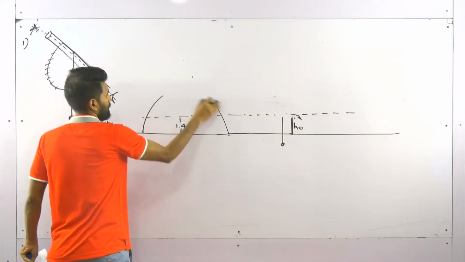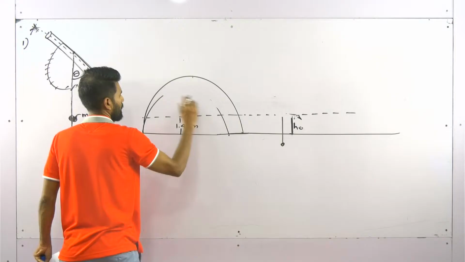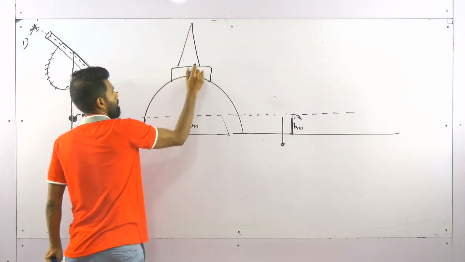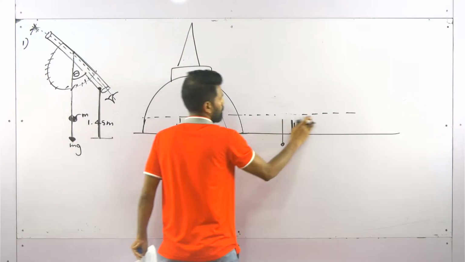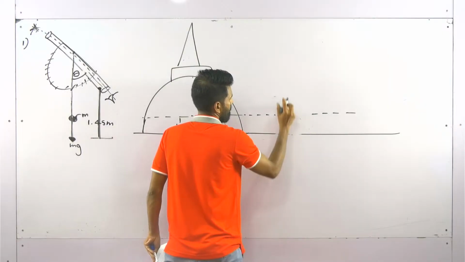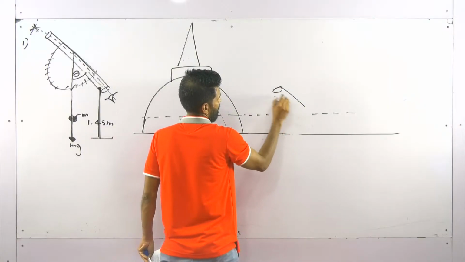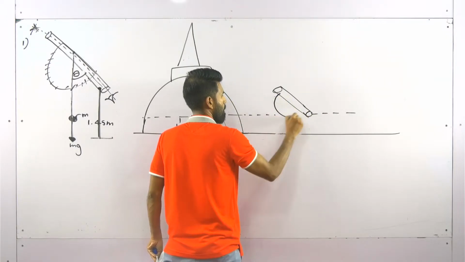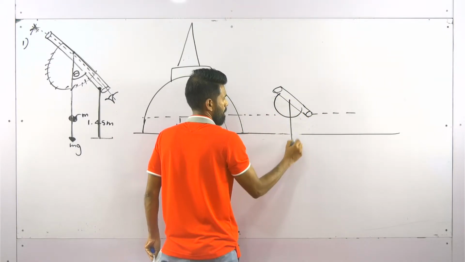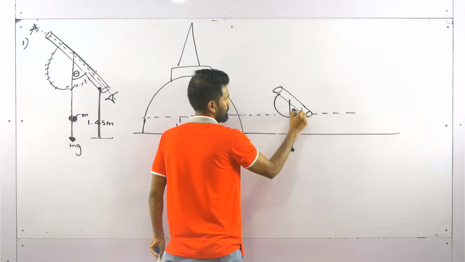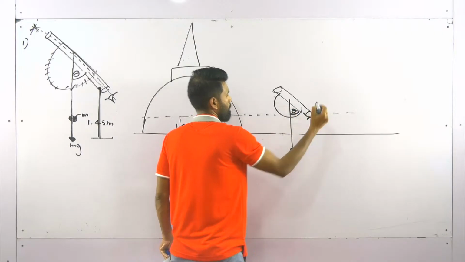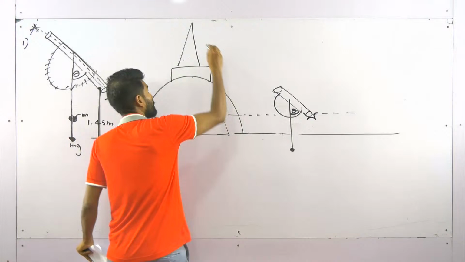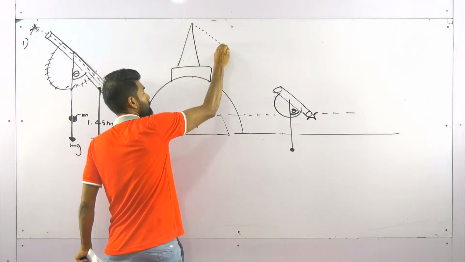Shall I draw it in a larger scale? You can measure this angle. Initially, what's going on here?